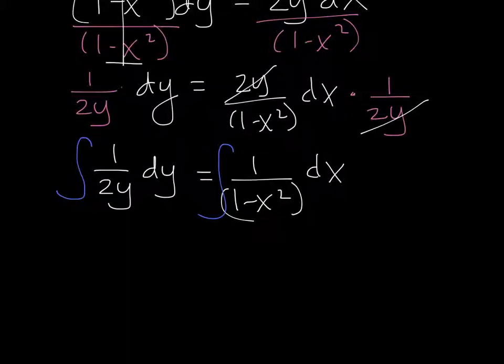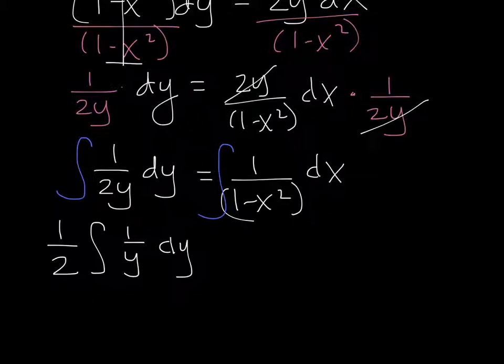On the left-hand side, we want to integrate this function, but we can simplify it a little bit. Here's a constant, our 1/2. We can take that outside of the integral, and then we're just left with 1 over y dy.